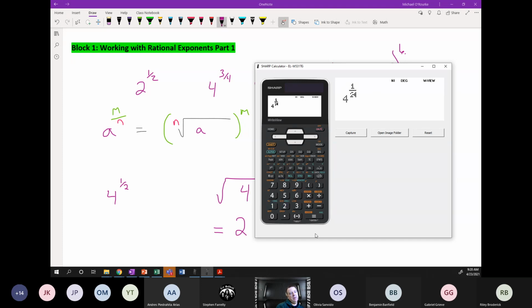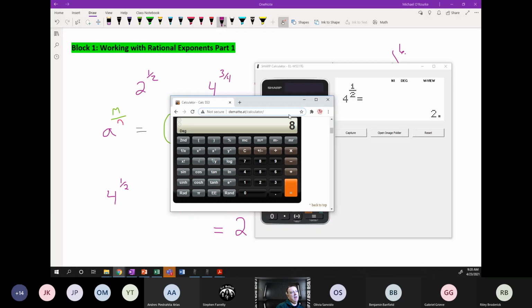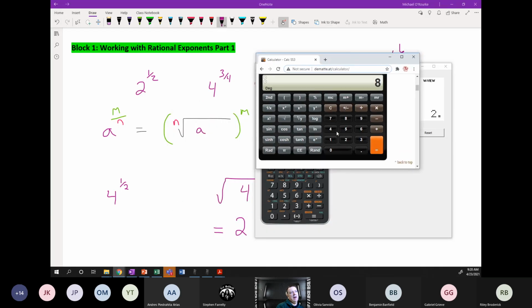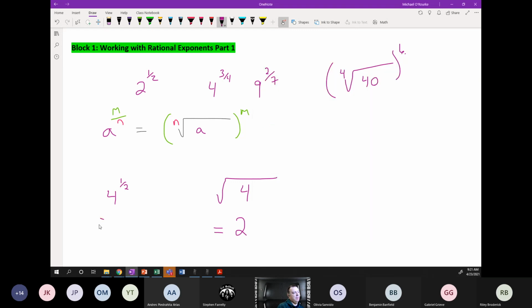So I have 4 to the power 1/2, and that equals 2. Now I can use this one. I have to go 4 to the power, the y to the x, but then up here, I have to do a bracket. I go bracket 1 divided by 2, close my bracket, and press equals. And that equals 2. So as you can see, both of these equal 2.